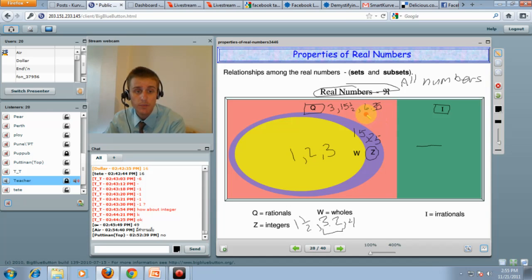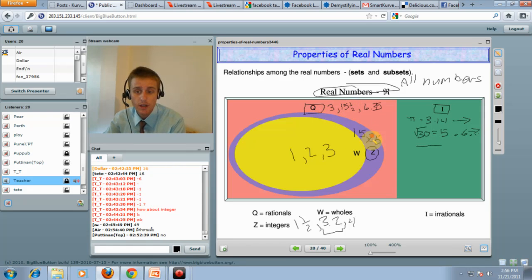All rational numbers. An irrational number, pi, 3.14 dot dot dot. It continues on. The root of 30, 5.6 dot dot dot. It continues on. It does not stop. It continues on and on.